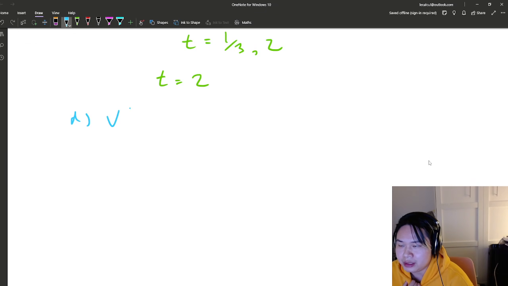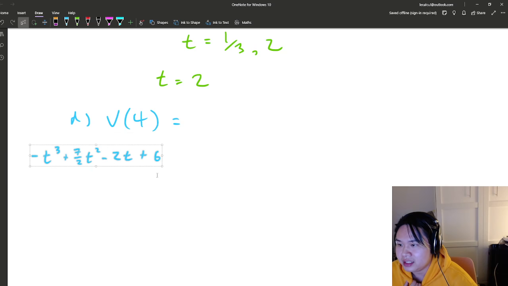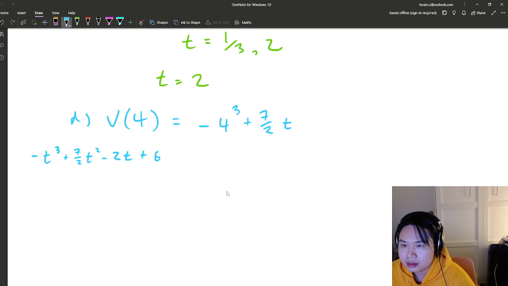Okay, so I'm just going to plug in 4 into my velocity and then see what it is. And then again, here's my velocity function. This is disgusting.